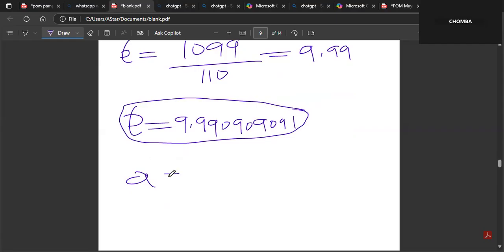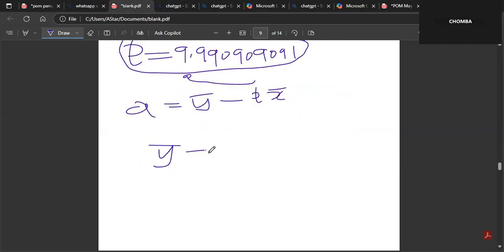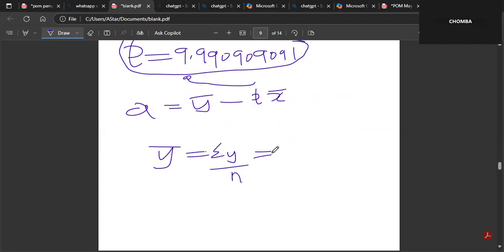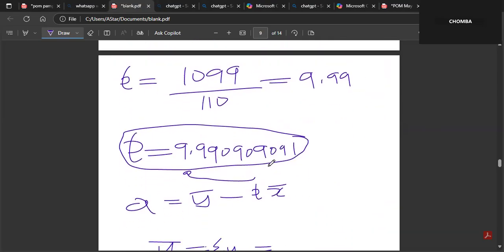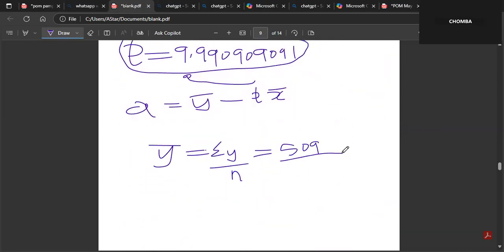So our alpha will be y bar minus b x bar. The b we are done finding. Let's find our y bar, summation of y over n. Summation of y is 509 divided by 11. We are now trying to find the alpha, the intercept.